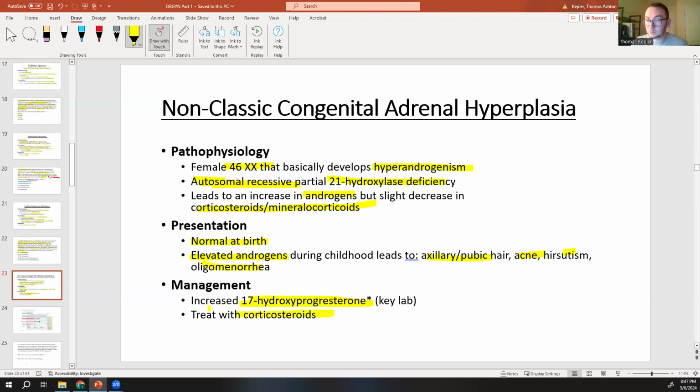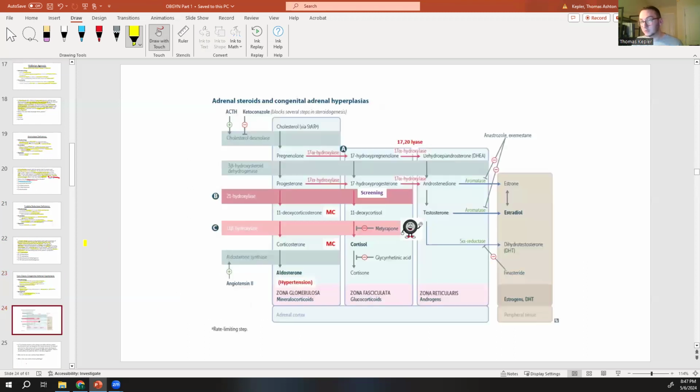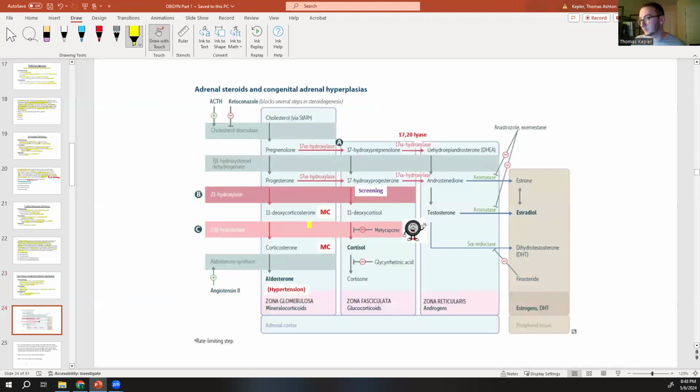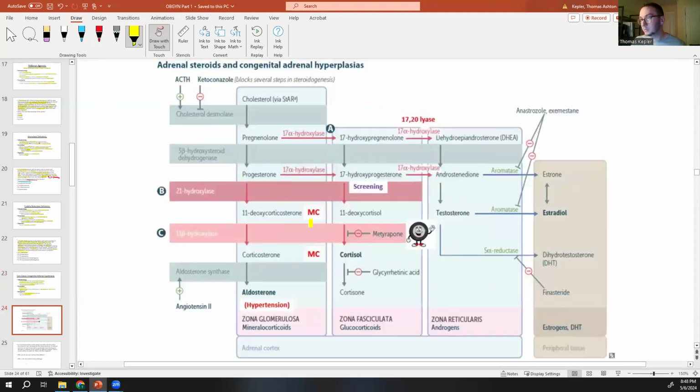So why treat with corticosteroids? So you might remember this. I can't remember if I got this from First Aid or Pathoma. Regardless, we're producing aldosterone down here, cortisol here, and testosterone and estrogen over here.